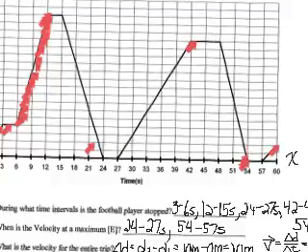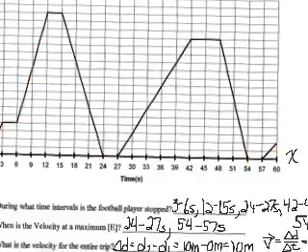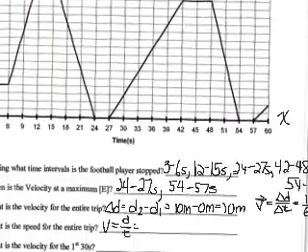Equals. So this is what you should have been adding: 20 plus 70 plus 90 plus 75 plus 75 plus 10 in order to find the total distance. If you added it up correctly, you should have gotten 340 meters.